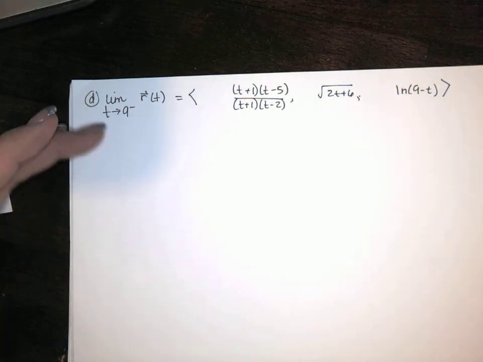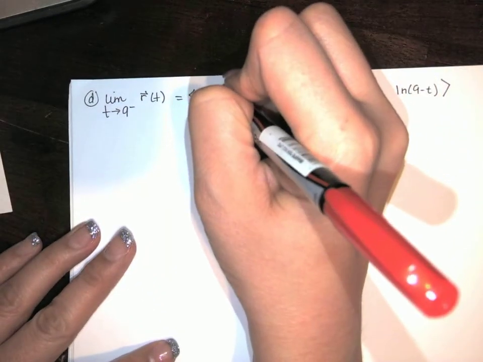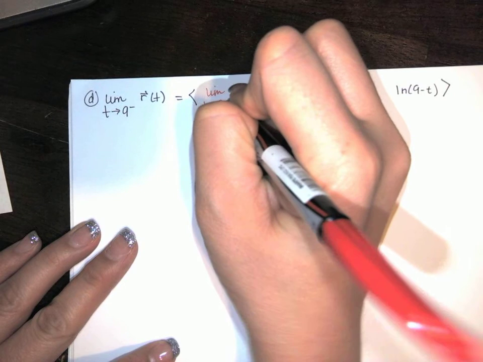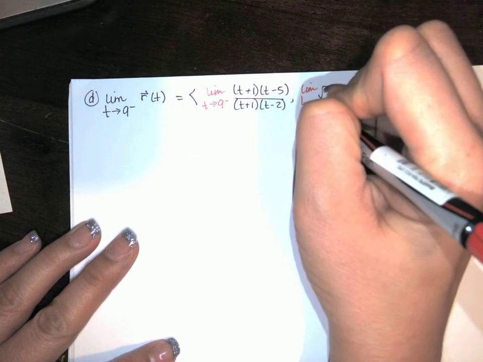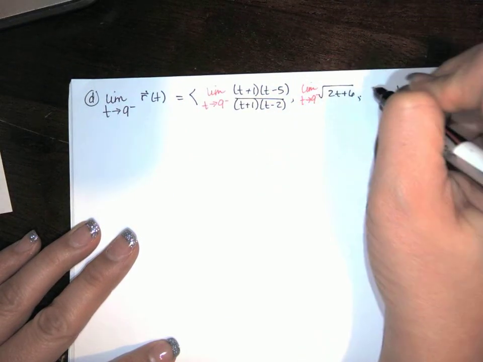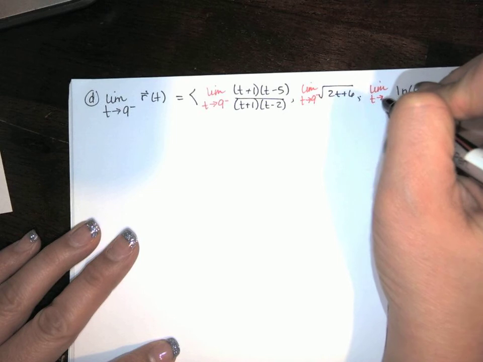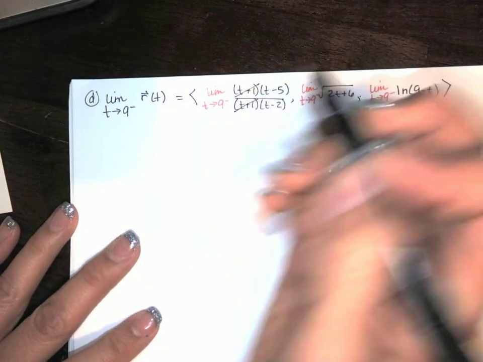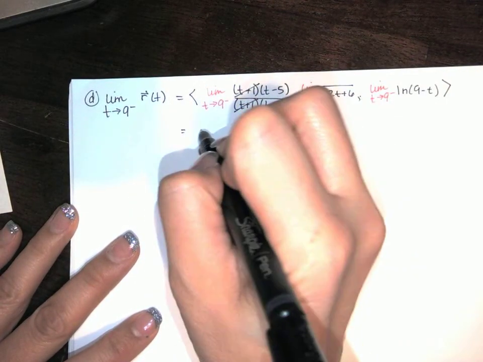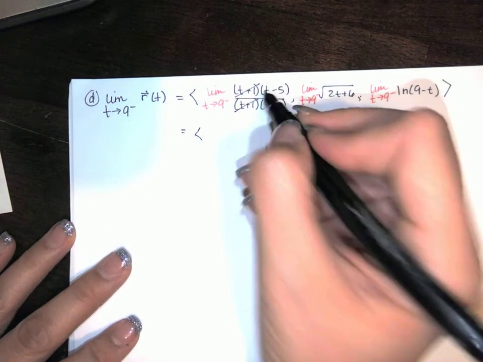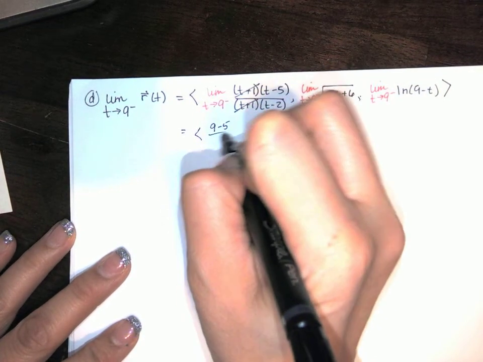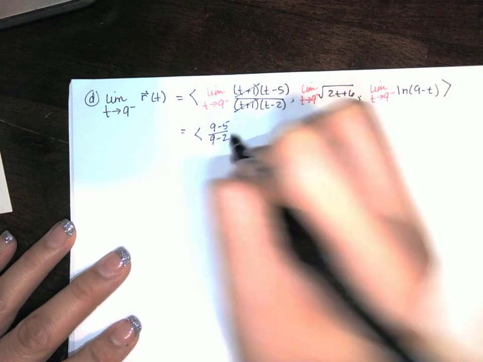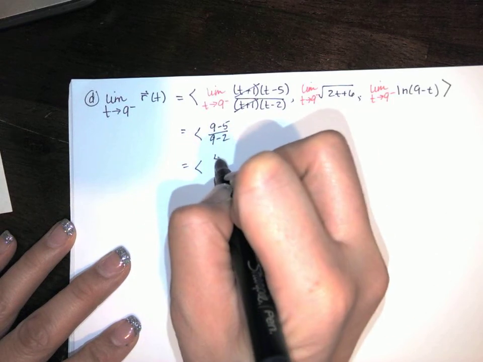And if these limits exist, they're equal to each other. All right, these guys are gone. So for the x component, as t approaches 9, the numerator approaches 9 minus 5, the denominator approaches 9 minus 2. So we end up with 4 over 7.